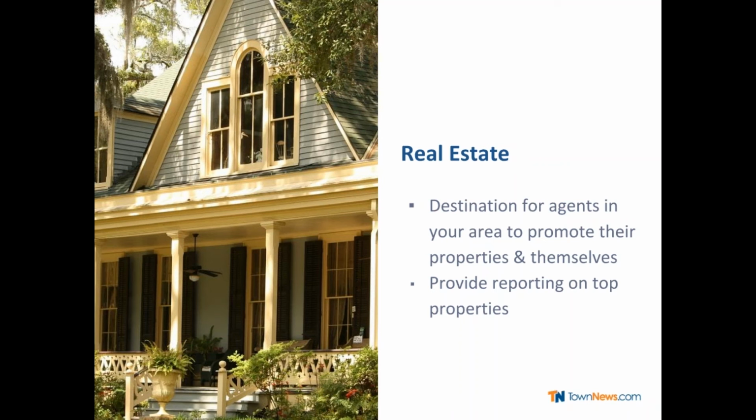So there's 2 ways here. You're obviously going to have a vertical product that's going to have these real estate assets, and you're going to be able to promote that, but you're also going to have the person themselves, the agent themselves, getting the promotion that they need to continue to advertise with the paper and with the site. So there are always two ways to go about these vertical products.